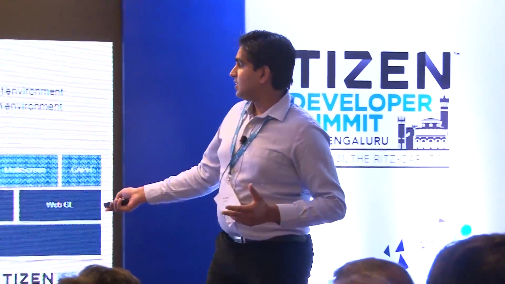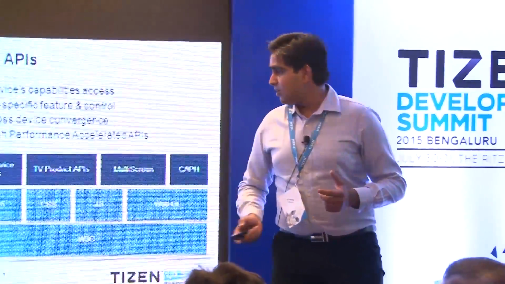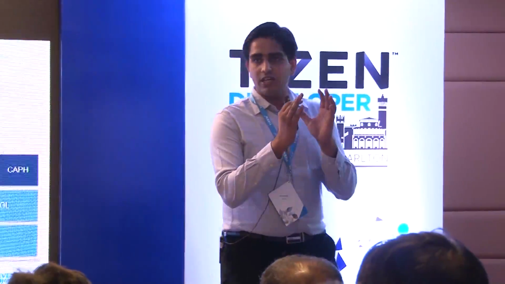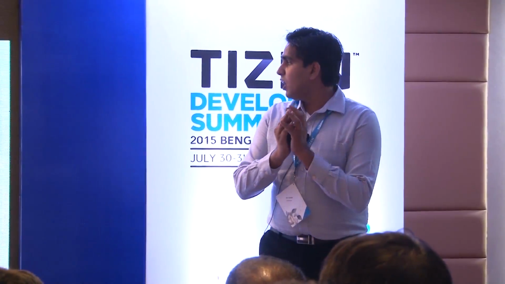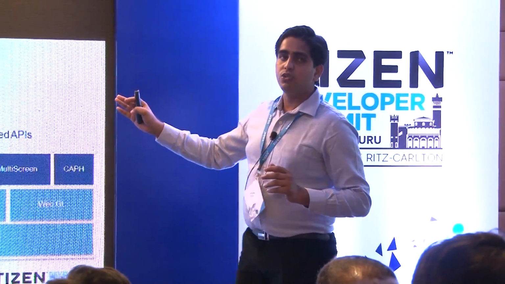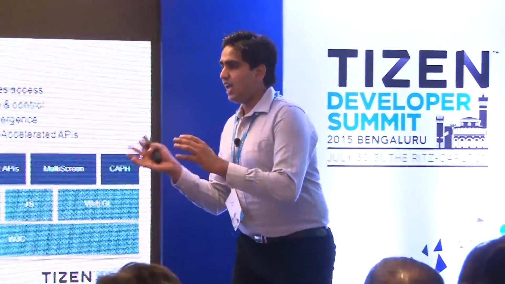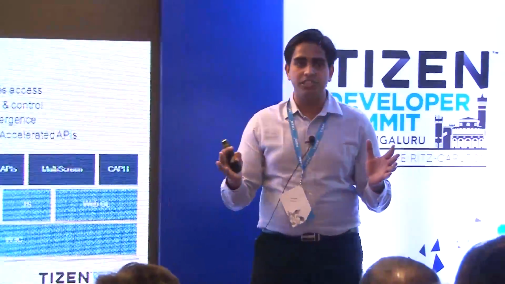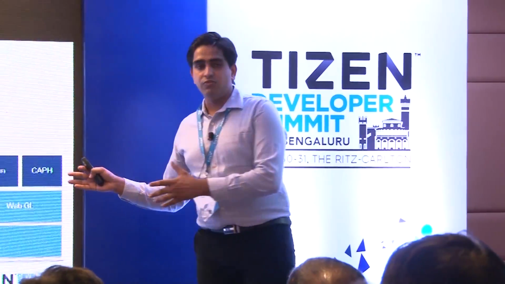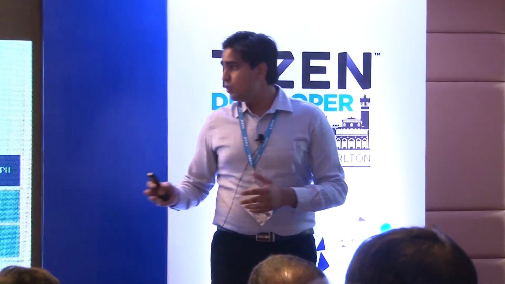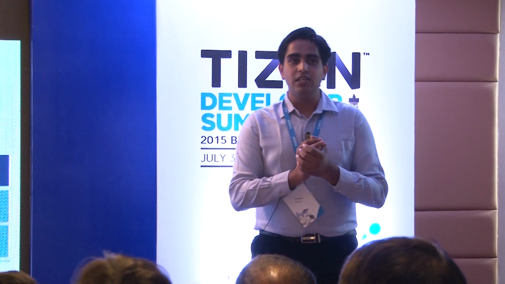Moving to the next, the Tizen TV development APIs, which are very specific to the TV platform. It has web APIs which allow you to control application lifecycle management, exchange data and schedule information. You would be using web APIs for this purpose. Then you have the TV product API to get the device capability.